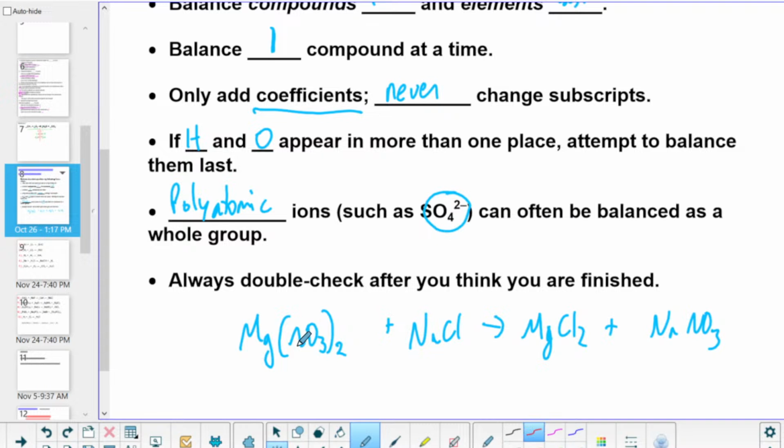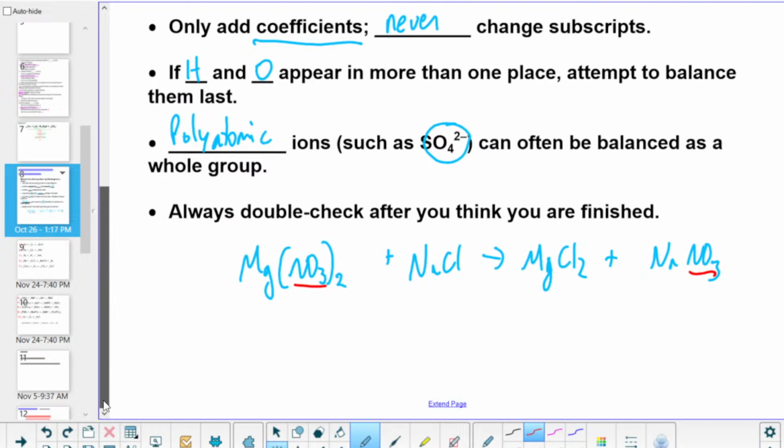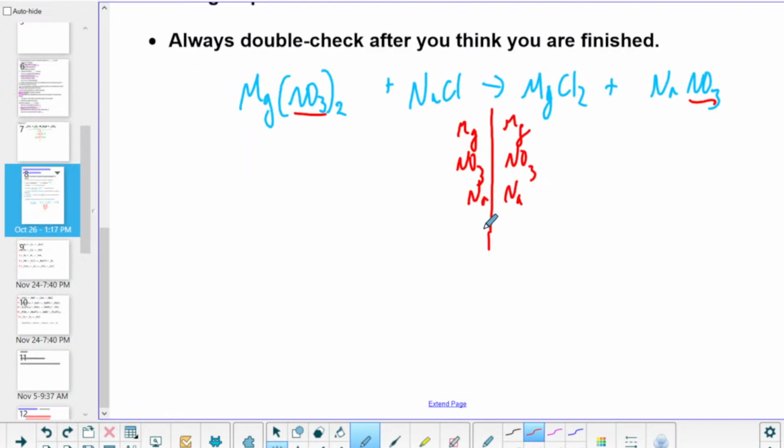What the NO3 is doesn't matter because it's on both sides. So if we were to write down what we're balancing, we would go, oh, there's Mg, there's NO3, there's Na, and there's Cl.